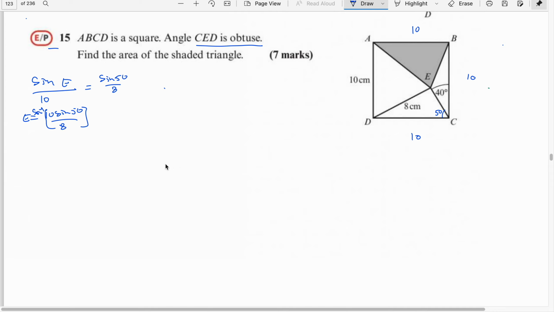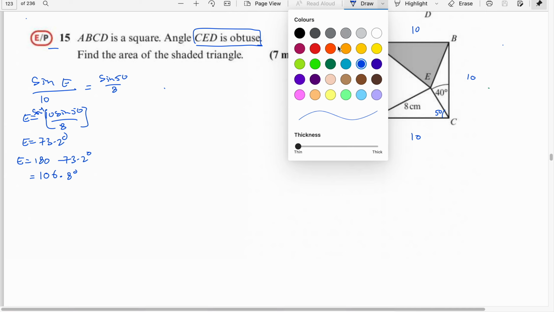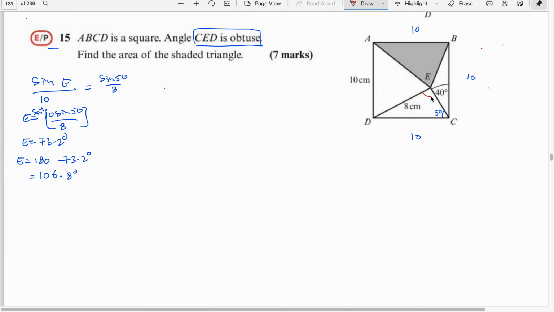This is 73.2. E is equals to 73.2, but it is given in question that it is obtuse. Therefore, E is equals to 180 minus 73.2. Calculator always gives you acute angle. So this angle is actually 106.8 degrees.